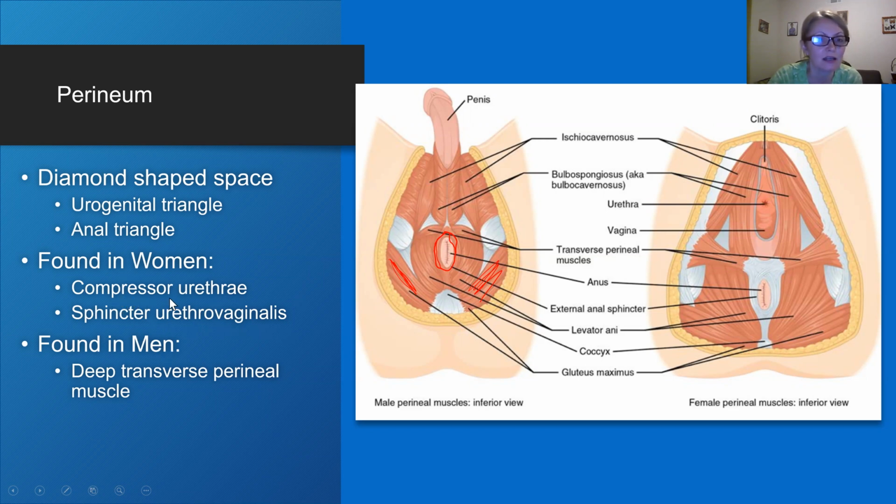Like compressor urethrae and sphincter urethrovaginalis, that's in women. And deep transverse perineal muscles, we do have transverse perineal, this one, and deep perineal. That's our transverse perineal, and deep perineal found only in males.